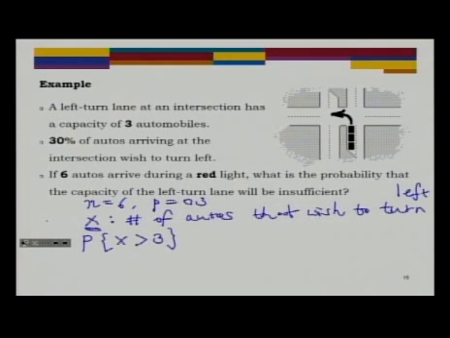Because we know the capacity of the left-turn lane is only 3 autos. So the desired probability has to be the probability that x is greater than 3. Obviously, if 4 or more cars wish to turn left, then the left-turn lane would be insufficient. Does that make sense?